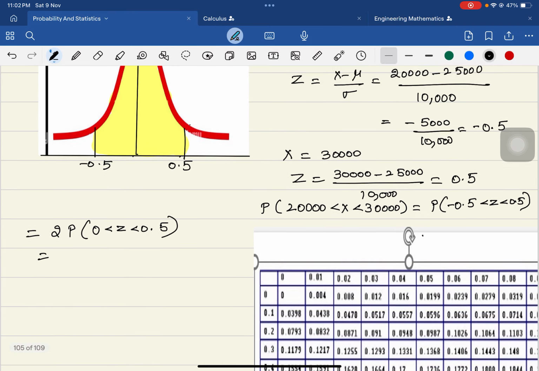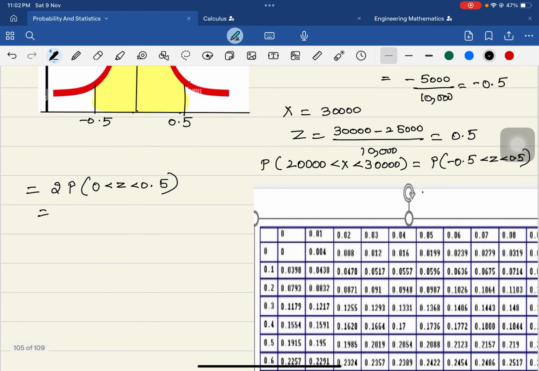Let us see how much it is at 0.5. This is given by 0.1915, correct? So you have to see this as 2 times 0.1915. So what does this value give you now? That gives you 0.383.